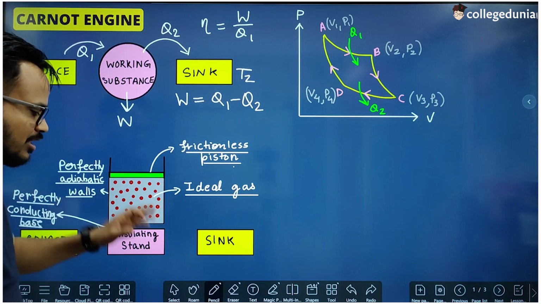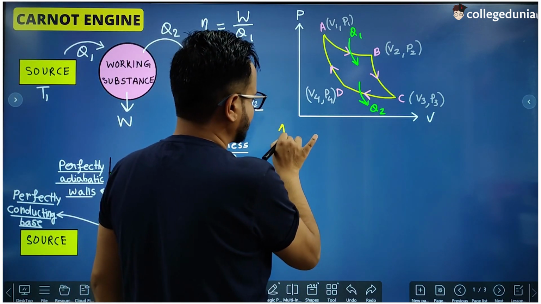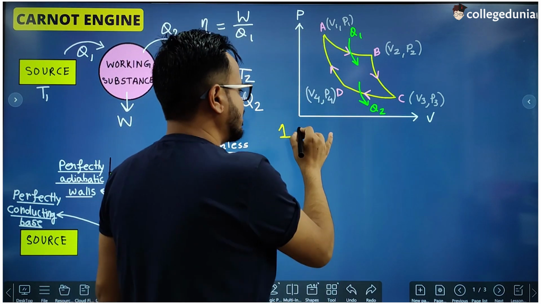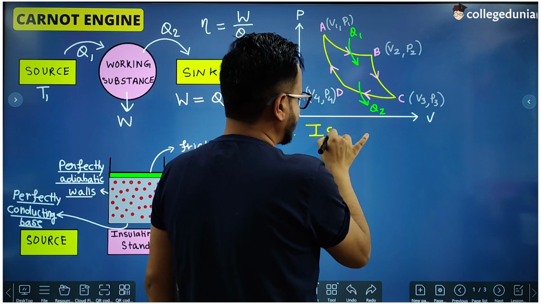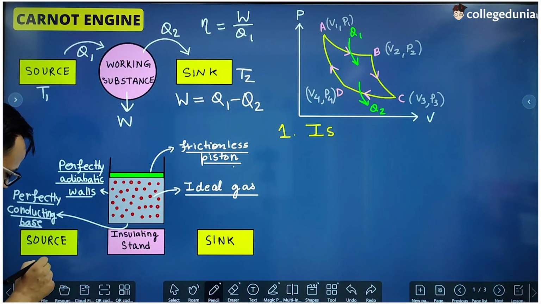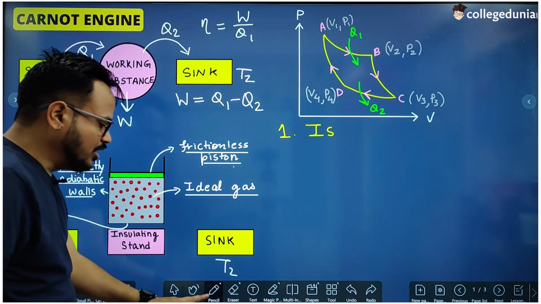Okay, so the Carnot engine works in 4 steps. First step, we will discuss this graph also. Let's say again as we have taken in the heat engine, the temperature of the source is T1 and the temperature of the sink is T2.